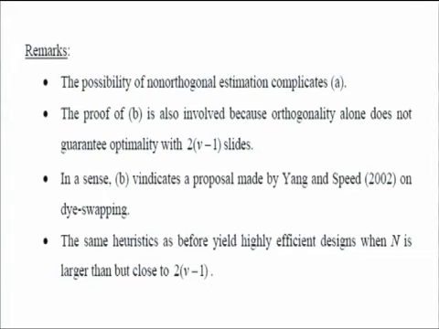So, in a sense B vindicates a proposal by Young and Speed, and again we checked that if you look at nearly saturated designs in this case, then the same principle of augmentation would work well.